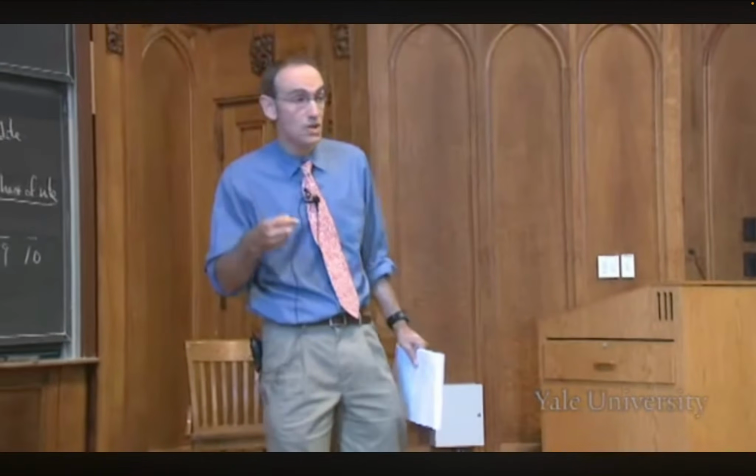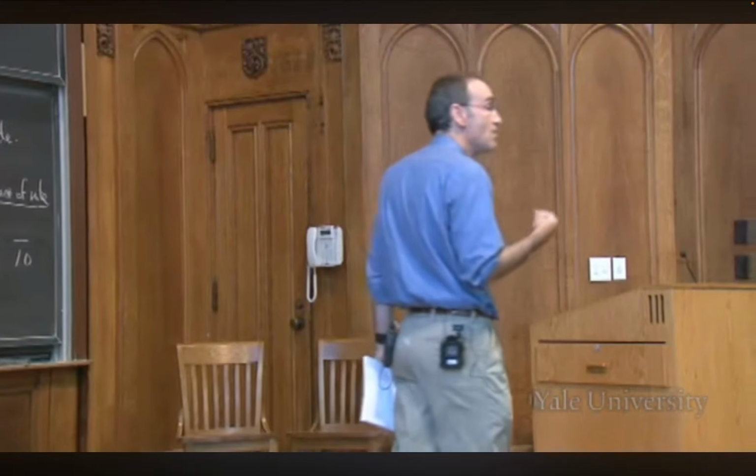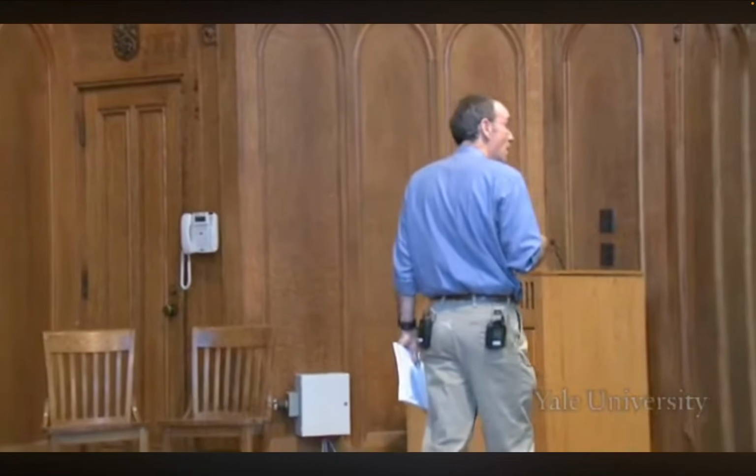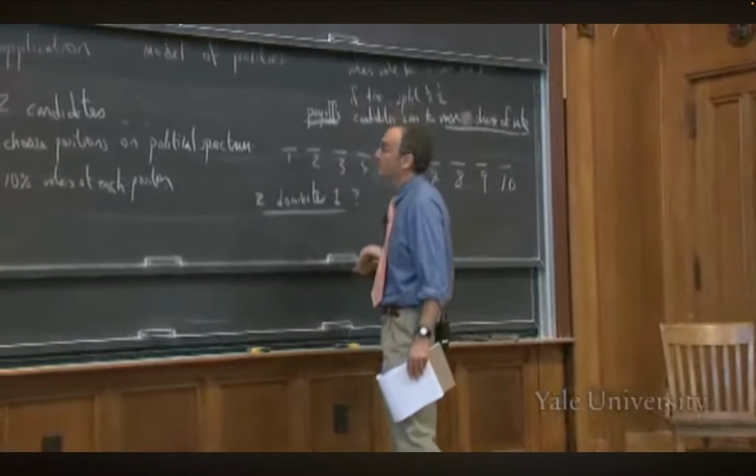What does it mean to say that 2 dominates 1? It means that choosing position 2 always gives me a higher share of the vote than choosing position 1, no matter where the other candidate positions herself. It does not mean 2 beats 1. So let's take Stephen's conjecture and see if it's true.